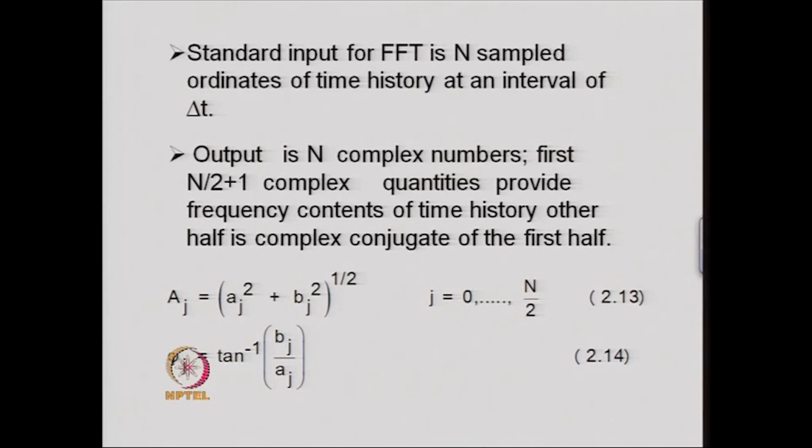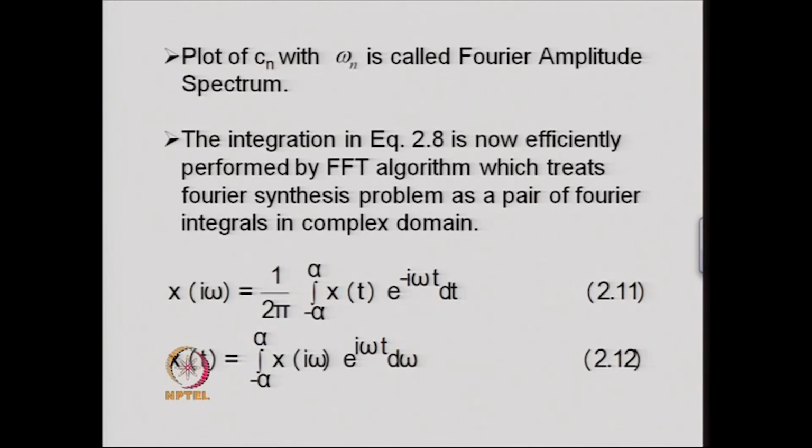Each ordinate is a complex quantity in the form of Aj plus iBj, where B is the imaginary part and A is the real part, and this provides what is called the X(i omega) in equation 2.11.